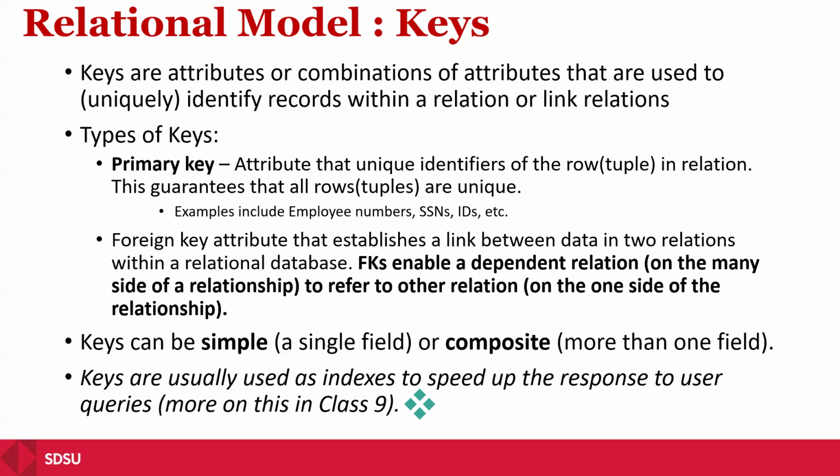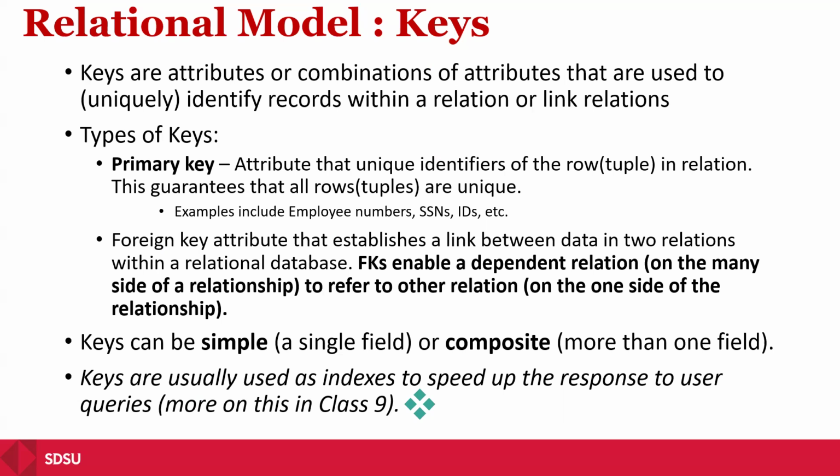For SDSU, if we have data related to students and we store it in the student table, the unique identifier of the student table is going to be your Red ID. Hopefully there are not two students who have the same Red ID, and your Red ID uniquely identifies you as a student. Okay, so that is the primary key.